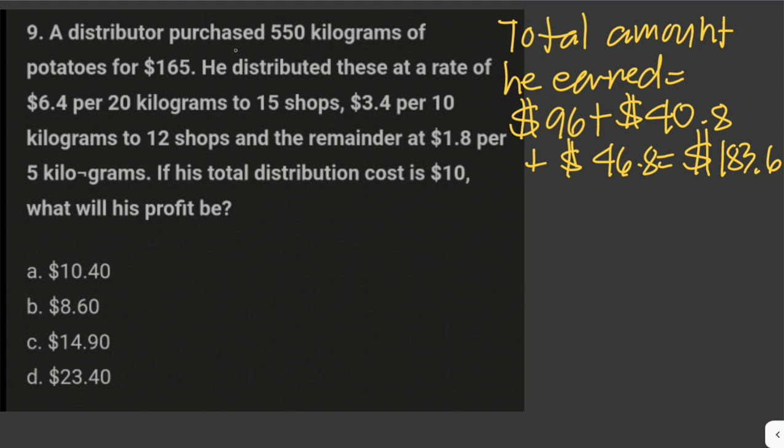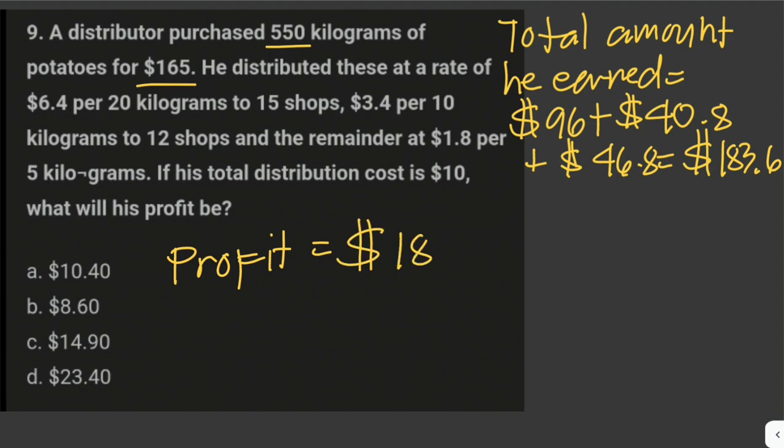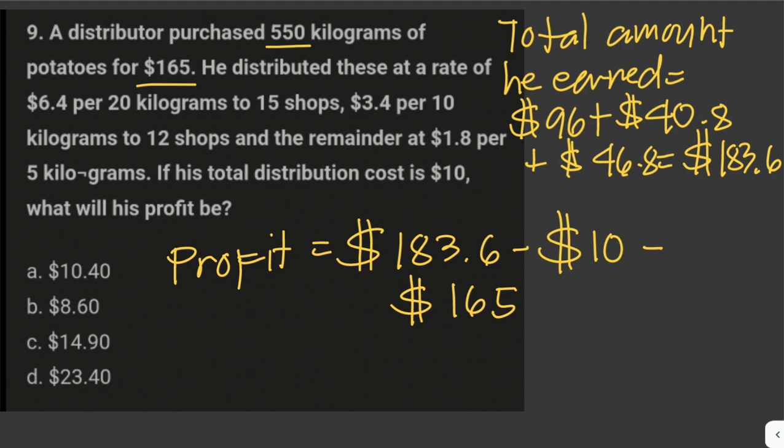It is given here that he purchased 550 kilograms for $165. So his profit would be the total amount he earned, which is $183.6, minus the distribution cost, which is $10, minus the amount of the 550 kilograms that he purchased, which is $165.